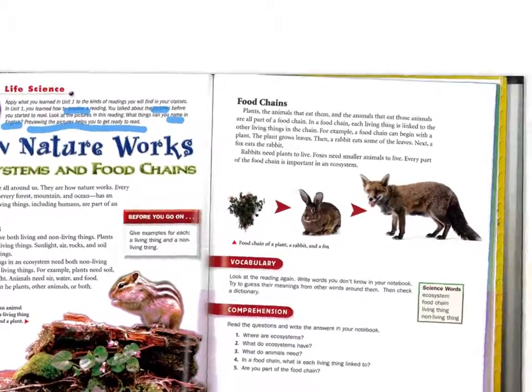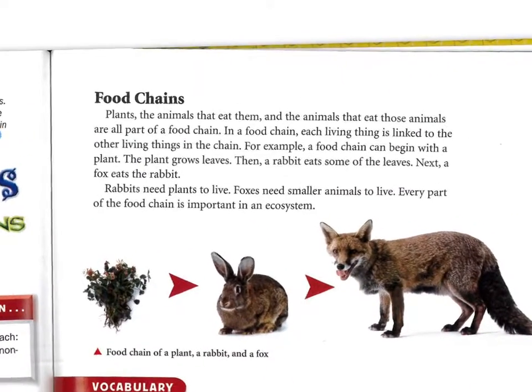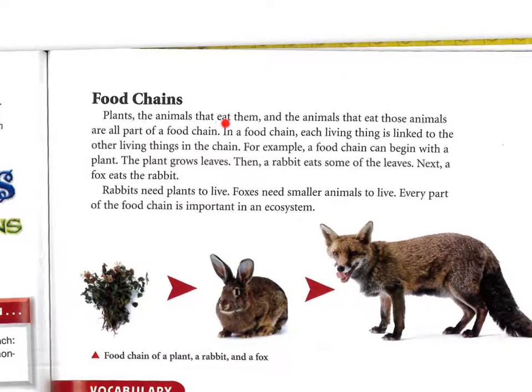Food chains. Plants, the animals that eat them, and the animals that eat those animals are all part of a food chain. In a food chain, each living thing is linked to the other living things in the chain. For example, a food chain can begin with a plant.